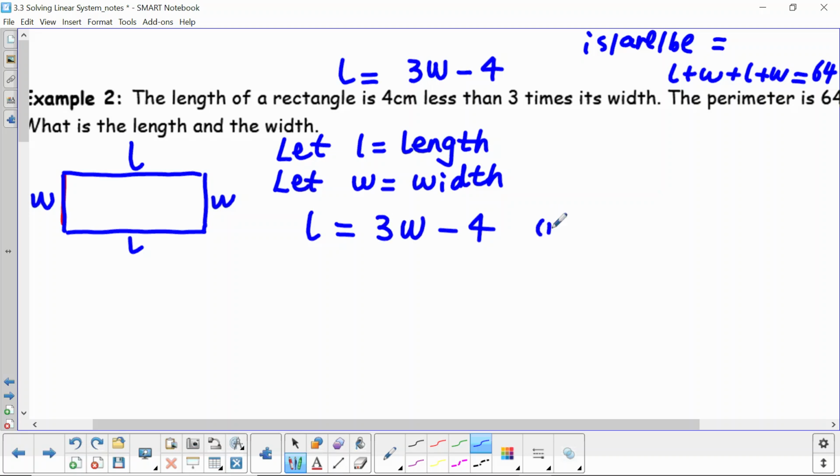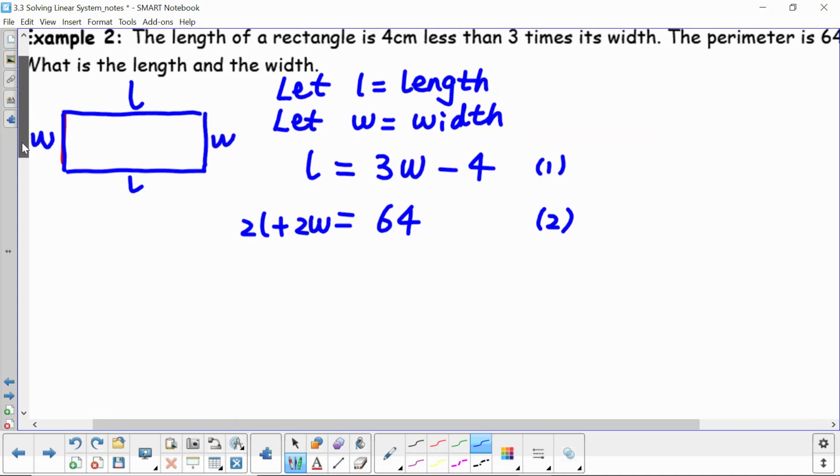This is equation 1. And equation 2 is 64 centimeters for the perimeter, so 2L plus 2W. This is equation 2.